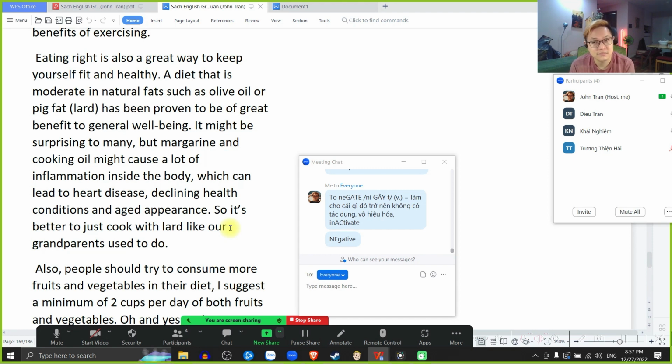So it's better to just cook with lard like our grandparents used to do. Phải tập nhiều hơn mọi người ơi. You need to practice more.